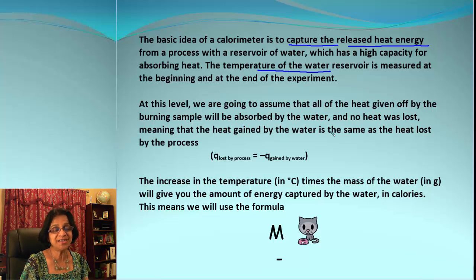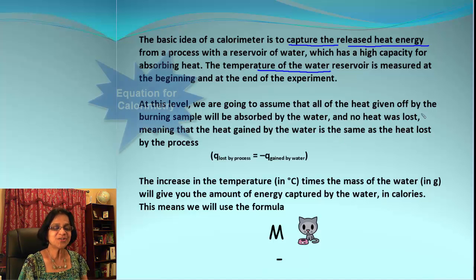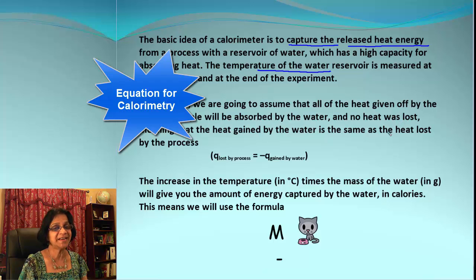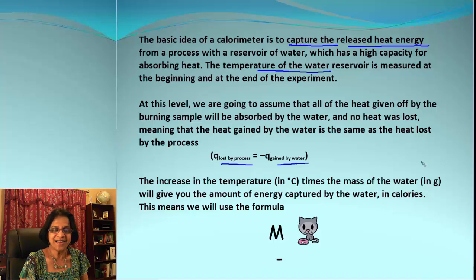There is no heat lost to other sources. So basically heat loss is equal to heat gain. Heat is lost by the chemical reaction or the process, and heat is gained by water. So that's the formula: heat lost by the process equals heat gained by water.